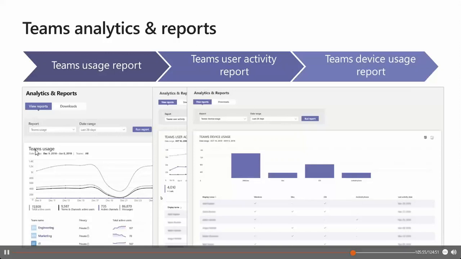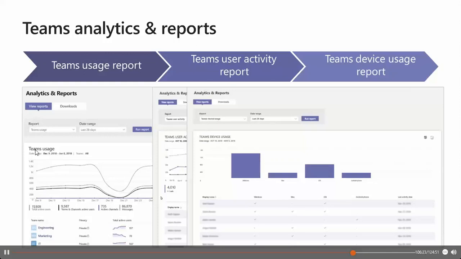So the Teams usage report gives you the active users in Teams and channels, active channels, messages, privacy settings of Teams, and the guests in a team. The Teams User Activity Report gives you one-to-one calls a user participated in, messages a user posted in a team chat, messages a user posted in a private chat, and the last activity date of a user.